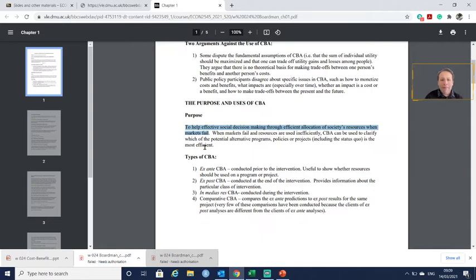So there are different types of CBA analysis. Ex ante means that it is conducted before the policy. Ex post means that it is conducted at the end of the policy to provide information about a particular class of intervention.